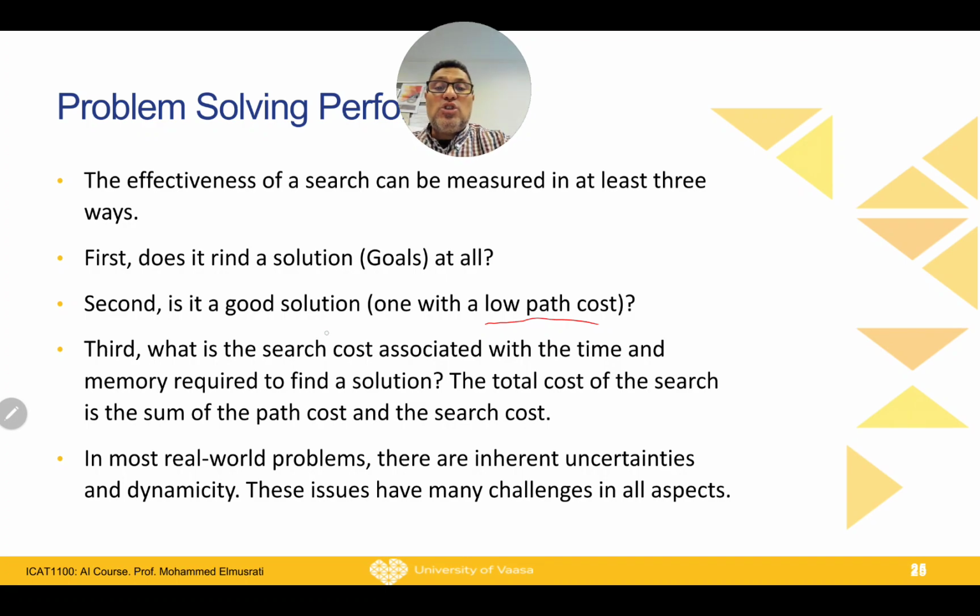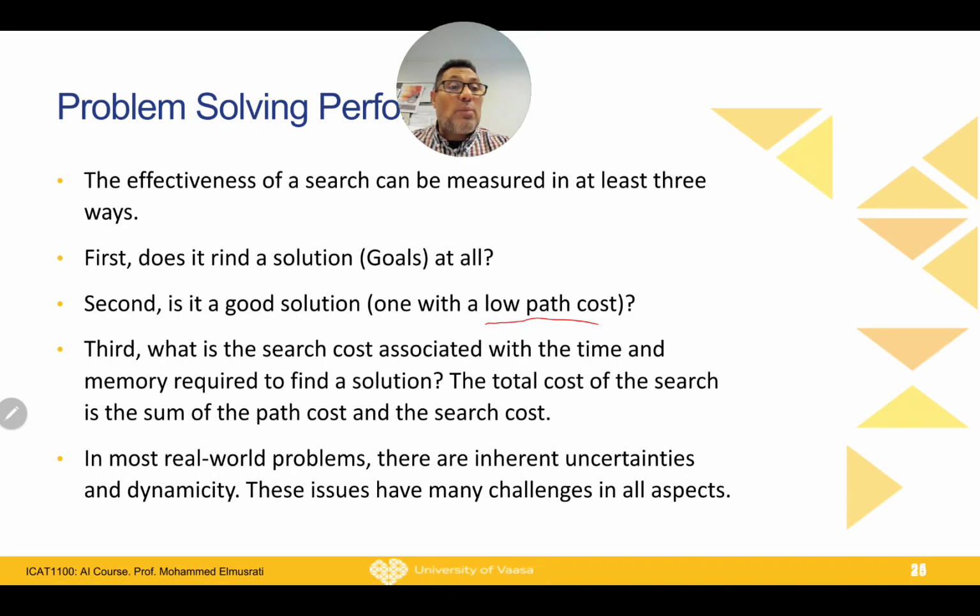Then, what is the cost associated with the time and memory required to find a solution? Be careful, this can be different from the path cost that we mentioned before, because the path cost can be, for example, the time required for the car to go from state to state, or it can be the fuel consumed, or money, or anything.